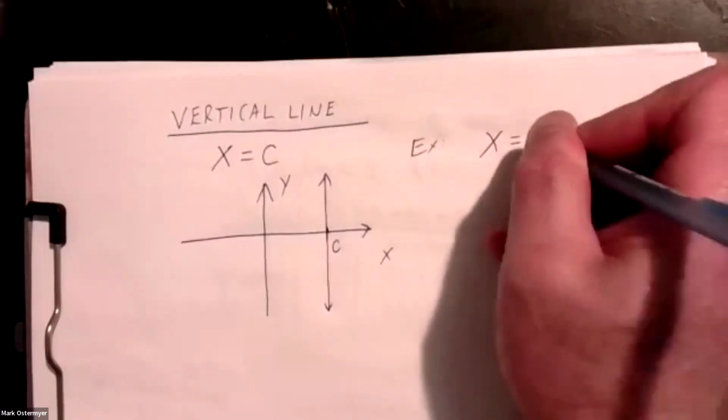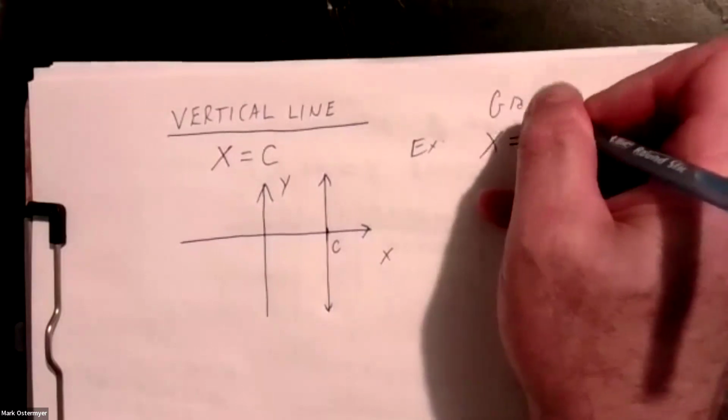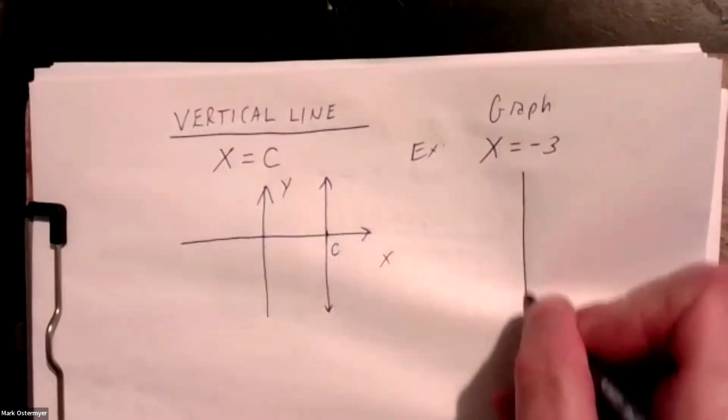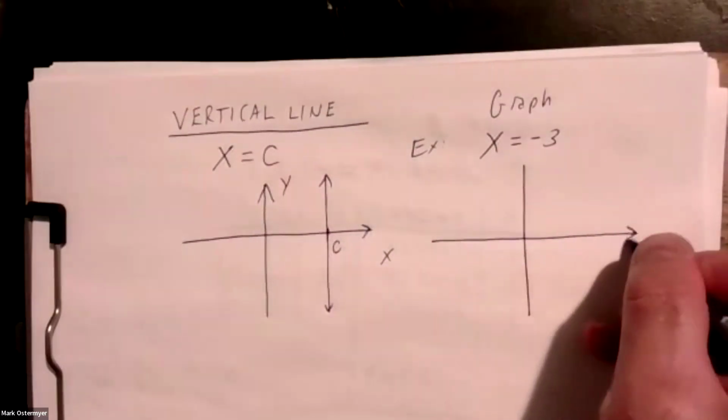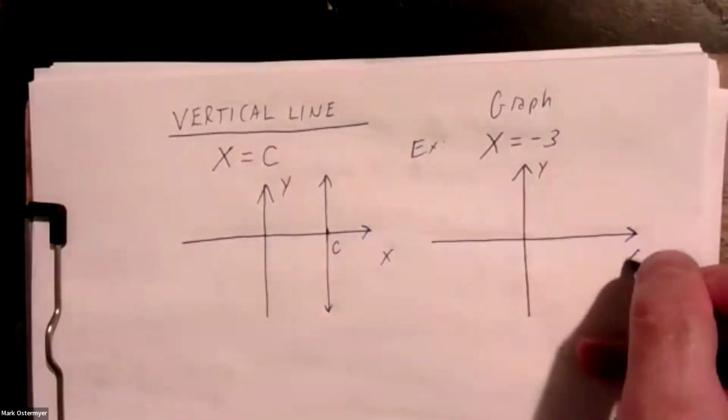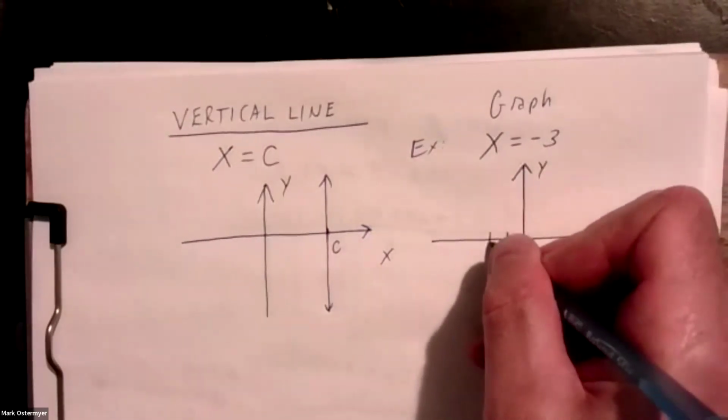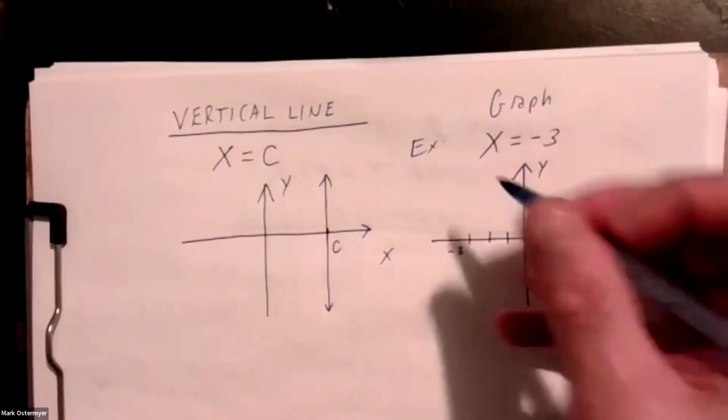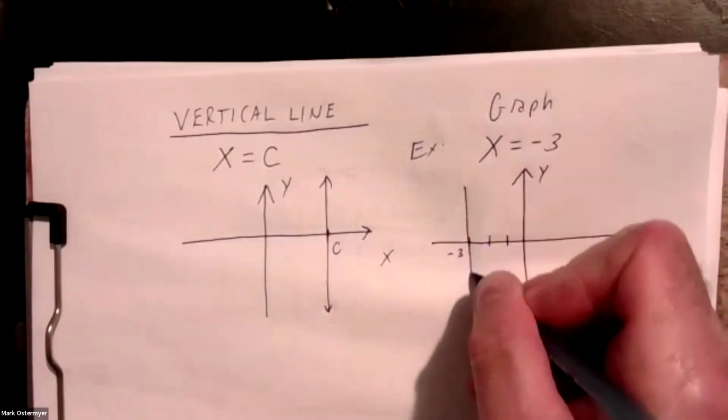Example, suppose x is equal to -3, and I wanted to graph this linear equation. Piece of cake. I know it's going to be a vertical line, and I know it's got to go through the x-axis at -3. There would be its graph.